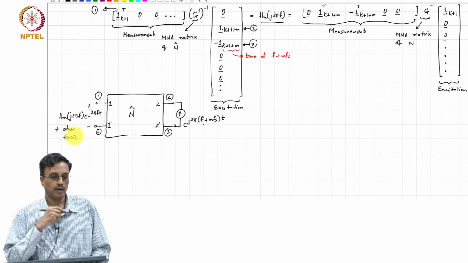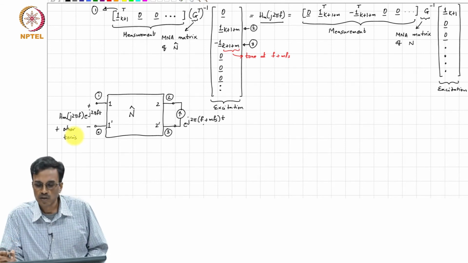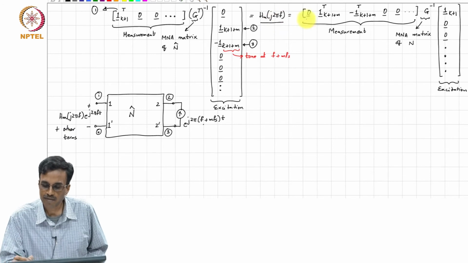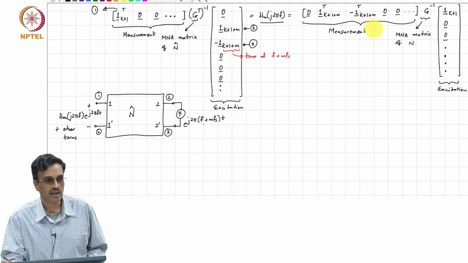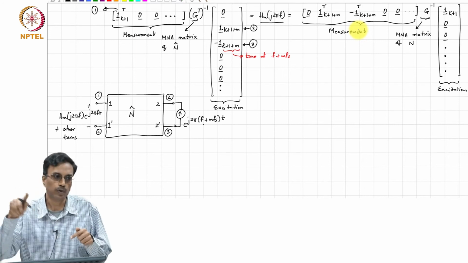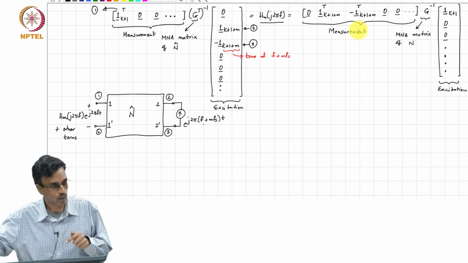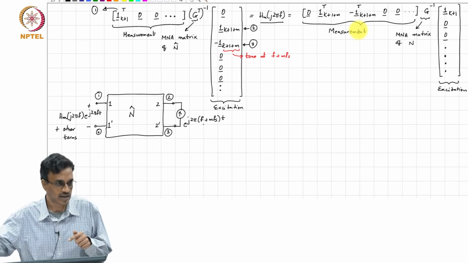And what is h sub m of j2 pi f? It is also the transfer function from an input frequency at f to an output frequency at f plus mfs in the original network. You understand?